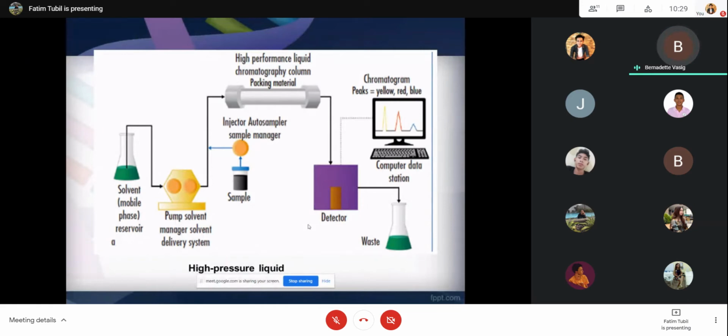Okay. So this is usually used to separate metabolites. If you want to study the effects of metabolites, in some researches they separate metabolites in order to check for any efficacy.